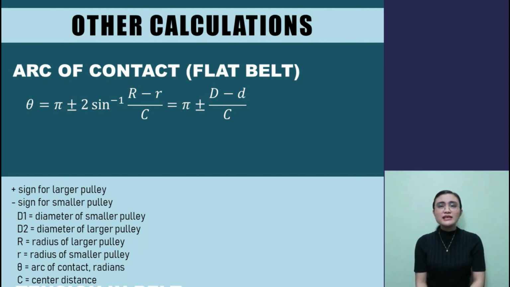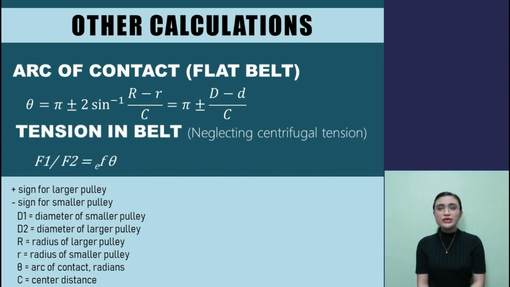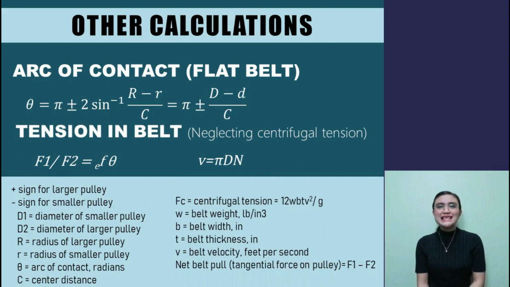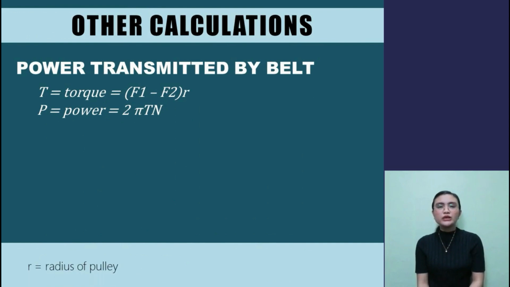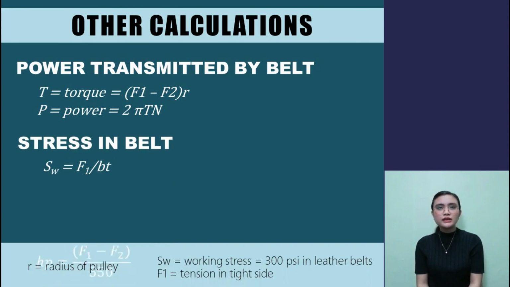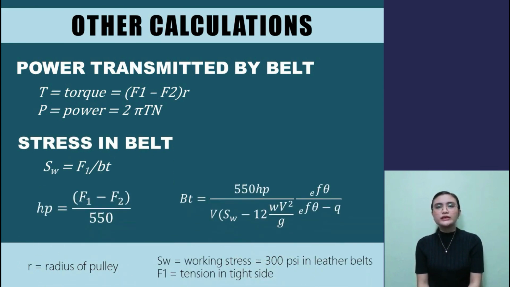By the way, the plus sign is used for the large pulley, while the minus sign is used for the smaller pulley. We also have tension in belt, neglecting the centrifugal tension. We have F1 over F2 is equal to e to the power of mu theta. Power transmitted by belt. We also have the torque, the power, the stress in belt, the horsepower, and the belt.